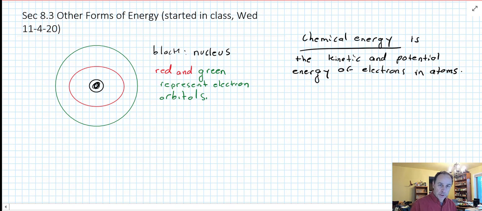Chemical energy is dealing with the electrons, and the electrons are represented here as orbitals, as moving around this nucleus, and the red and green paths there represent where electrons would be. So electrons are in certain energy levels, if you remember from your chemistry, or quanta. There's certain states. They can't exist just anywhere.